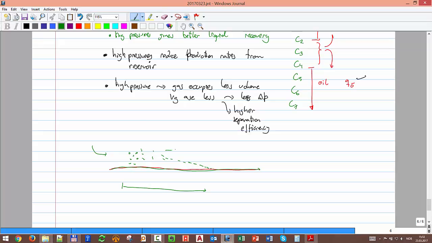So if the velocity of the gas is very, very high, then they won't have enough time to deposit because they are going to be traveling quicker, and most of them will be carried out in the exit of the gas. Okay? So usually I try to have low velocities to have higher separation efficiency. But the problem is that, again, I have high pressure, then I'm sacrificing some production.